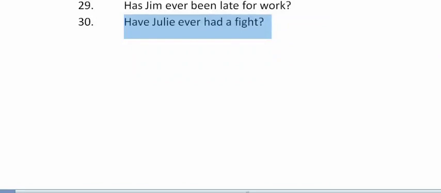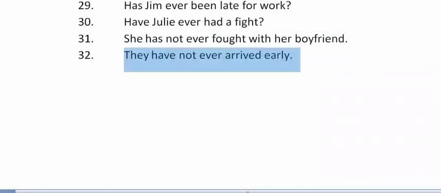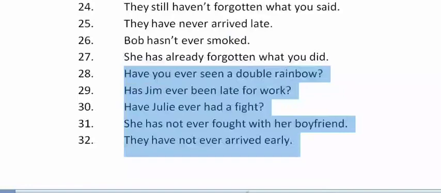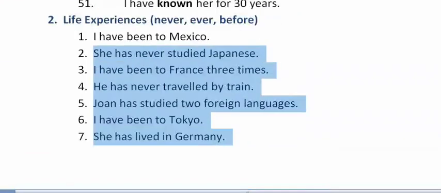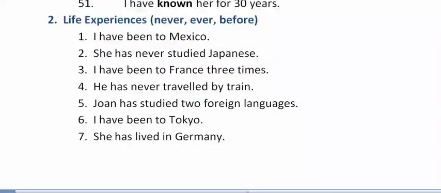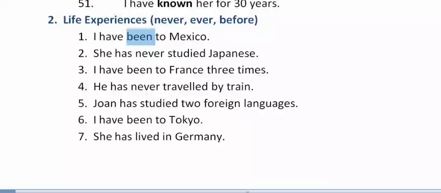Has Julie ever had a fight? She hasn't ever fought with a boyfriend. They have not ever arrived early. I think these many examples should be sufficient for you to understand how to narrate life experiences using the present perfect tense. Now it's time to mark all the verbs which are in V3.